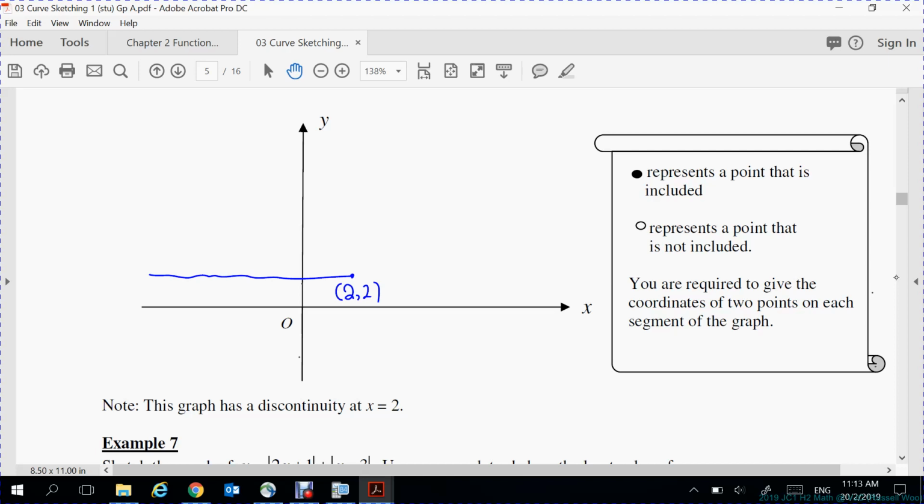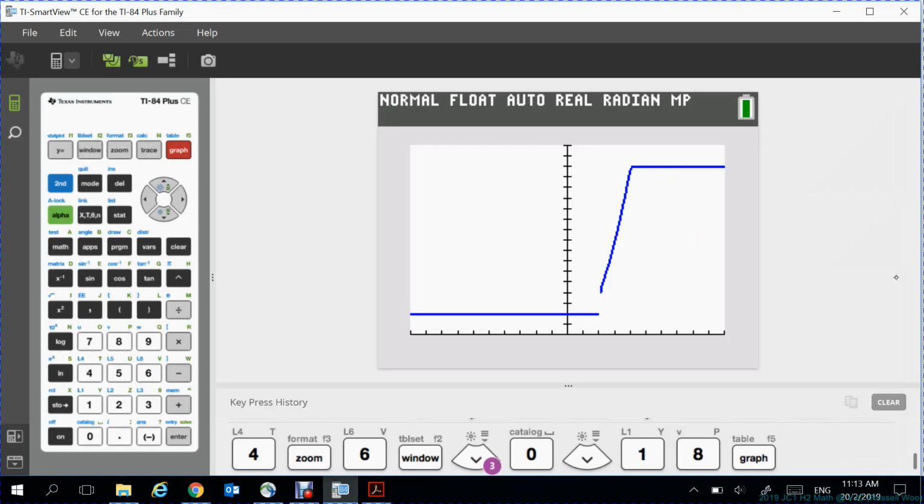Now, what do you see on your GC? The tempting thing to do is to draw a straight line here. But actually it's not a straight line. It is a quadratic graph. Y is x squared, but the GC makes it look like a straight line. So you don't draw a straight line.